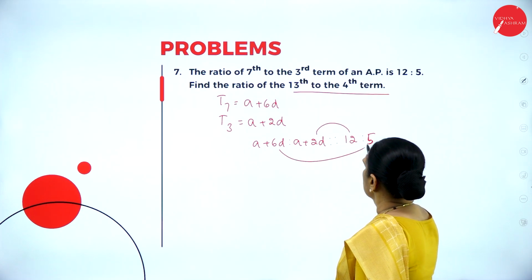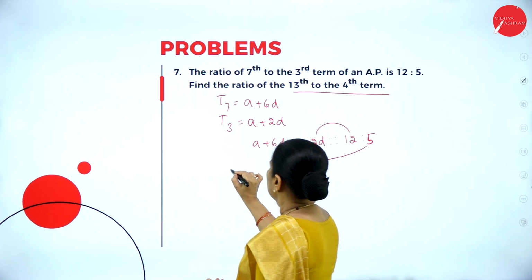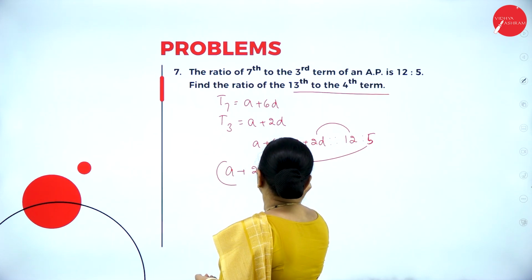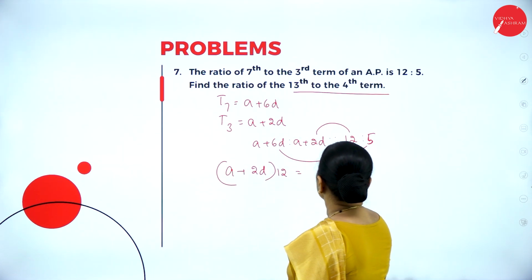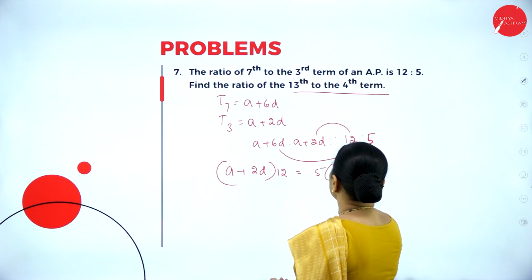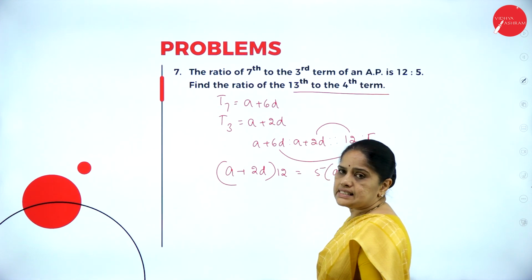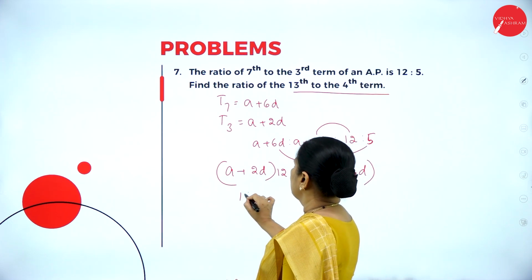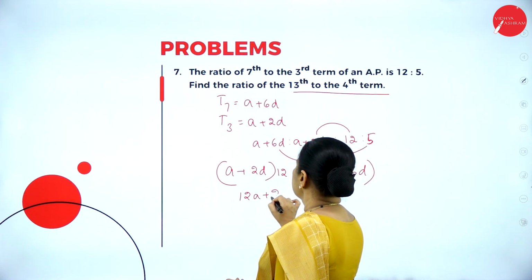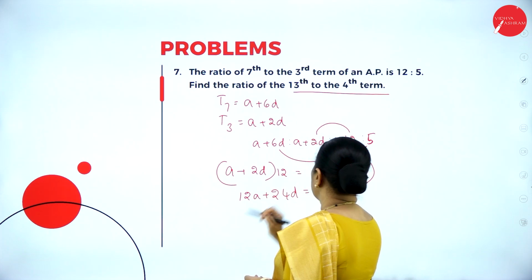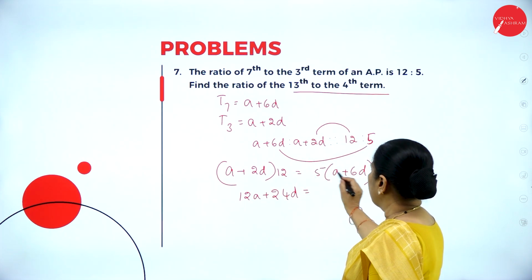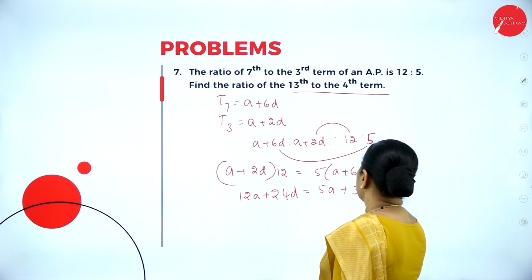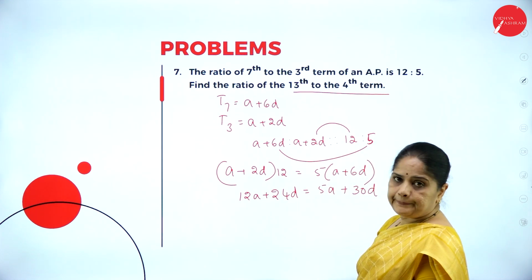So, we just multiply: A plus 2D into 12 equals 5 into A plus 6D. Right? So, 12 into A, 12A plus 24D equals 5 into A, 5A plus 6 5s are 30D.